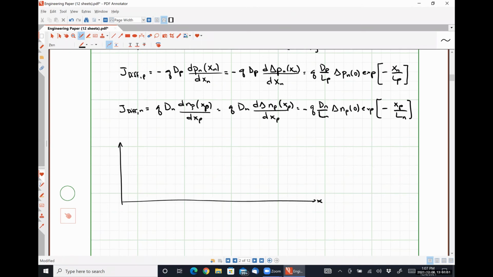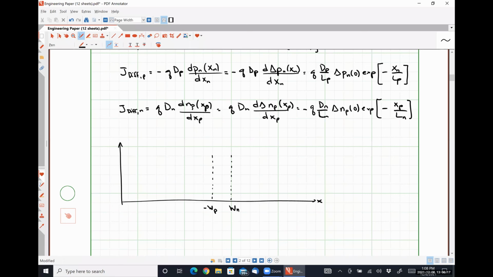this is our general positive x direction for the crystal. So way over here on the left-hand side is the P side. This is negative Wp. This is positive Wn.